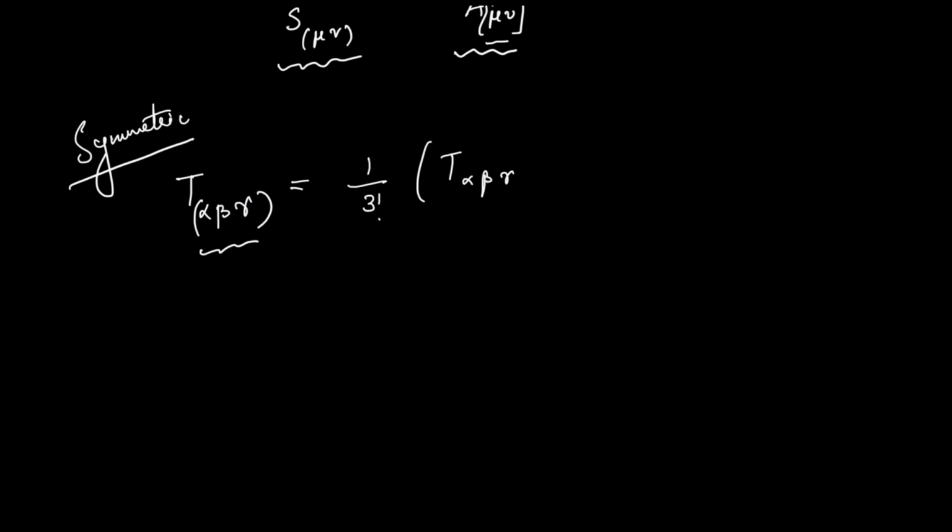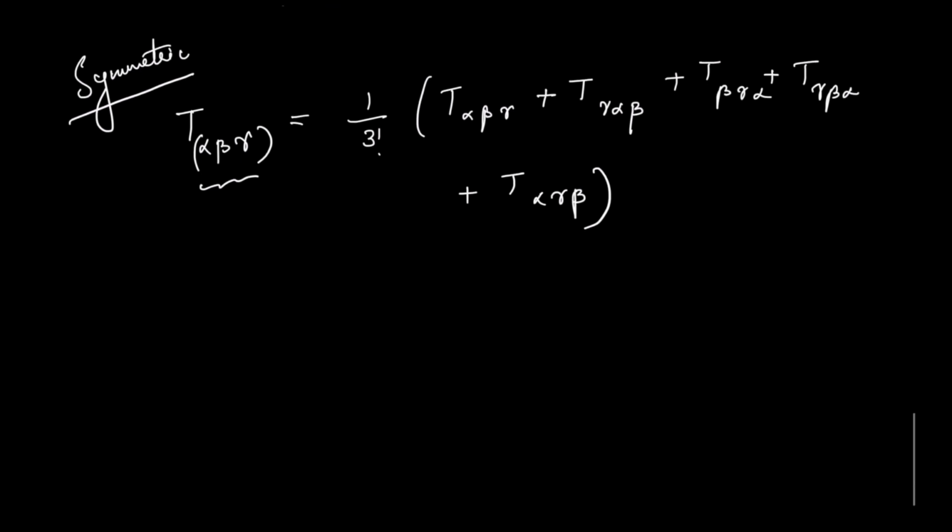So this is given by 1 by 3 factorial T alpha beta gamma plus T gamma alpha beta plus T beta gamma alpha plus T gamma beta alpha plus T alpha gamma beta. Okay, so this tensor is completely symmetric under interchange of any two of its three indices.